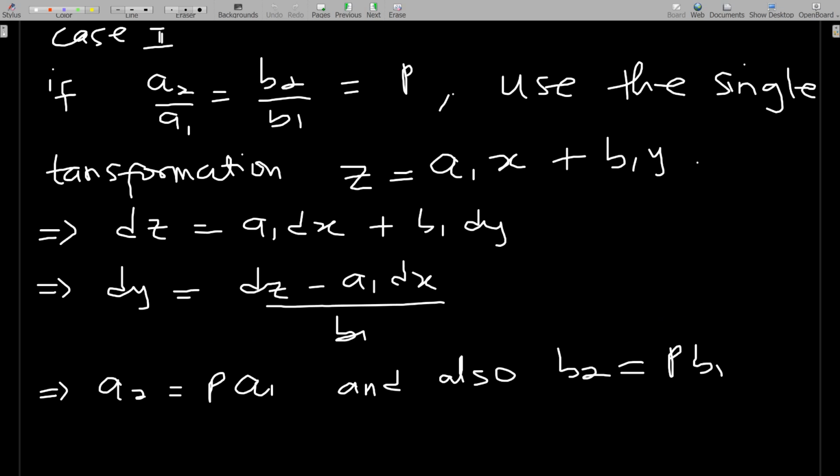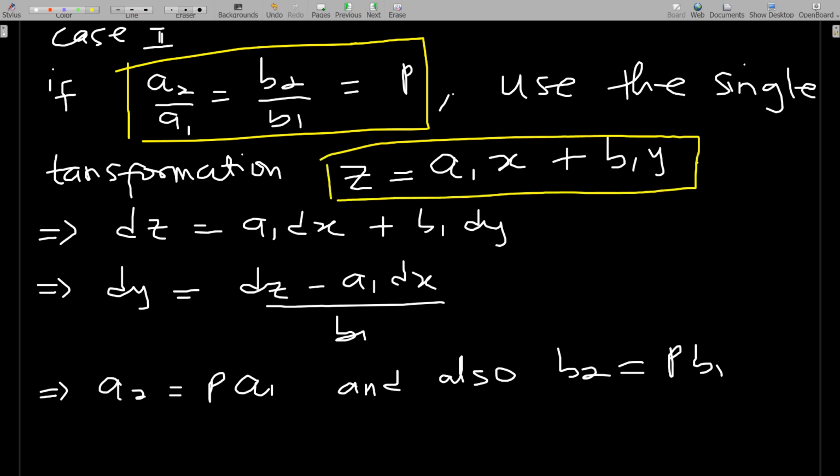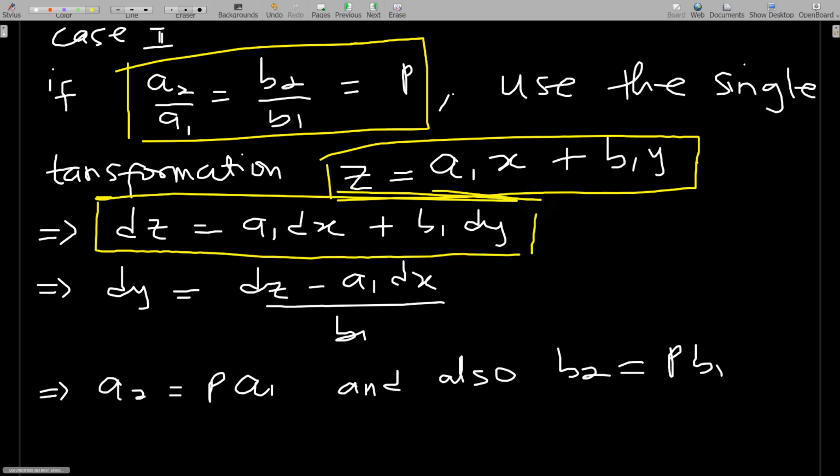Case 2 is saying that if these ratios are the same and they are equal to a constant p, then you use this single transformation, or substitution, that there's some z which is equal to a1x plus b1y. When you find dz, I hope you can find that it is equal to this. That is the total derivative, or you can find dz/dx and after that multiply through by dx, and you realize that dz is equal to this.